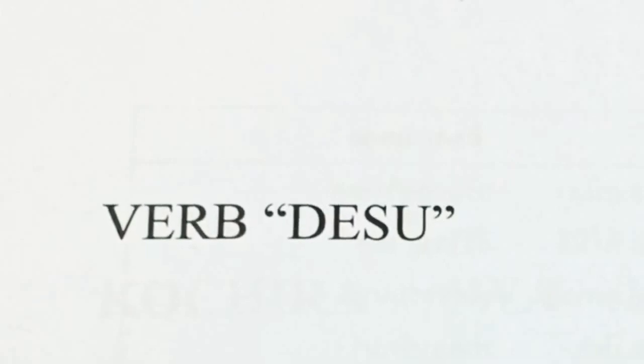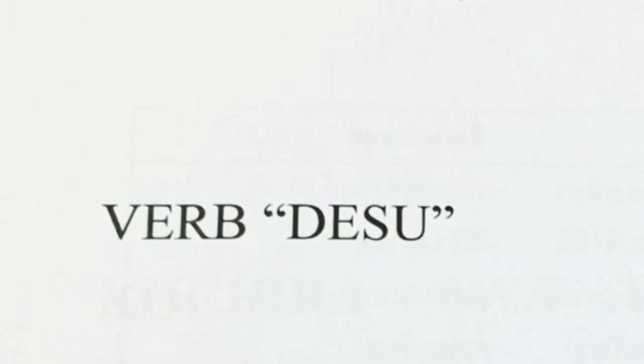The first kind is in the DESU form, DESU. We read it very shortly as des. And another kind of verb is called masu form, MASU. So we will start with this form first.